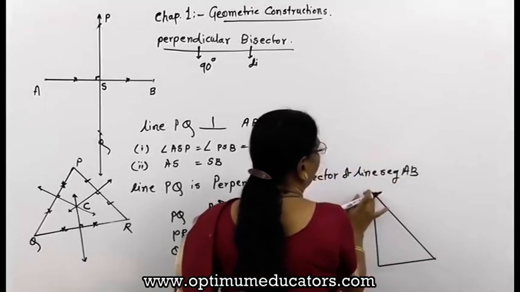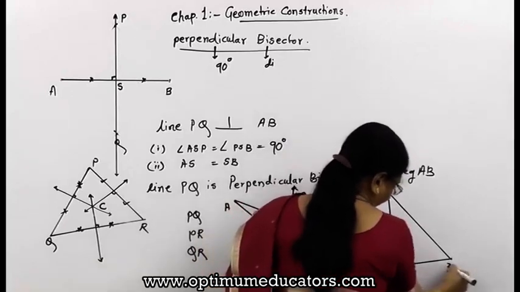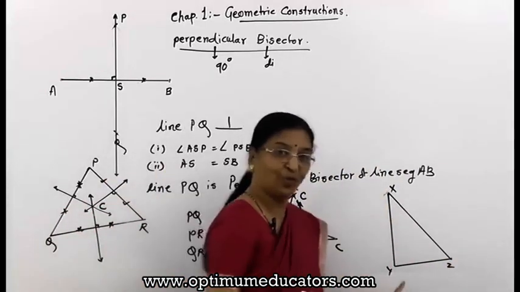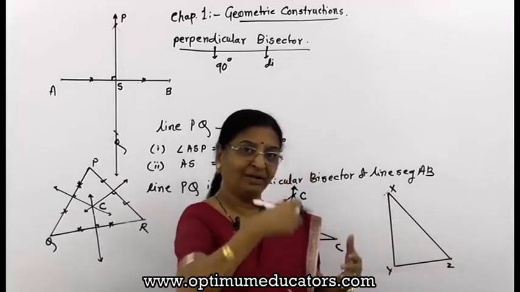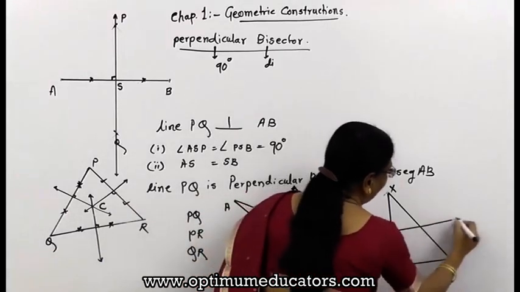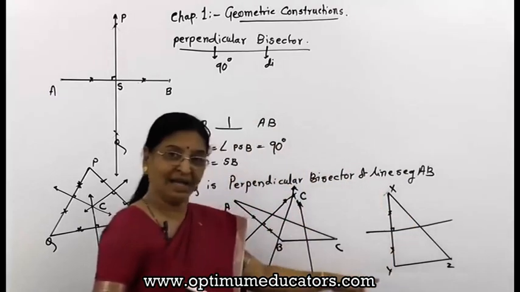So this is a right angle triangle, and again I will mark it as, suppose, X, Y, Z. Which are the three sides? XY, YZ and XZ. Can you draw the perpendicular bisectors? See here, the perpendicular bisector will be here for XY.